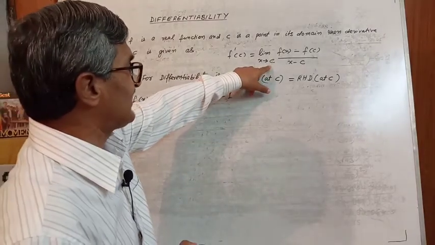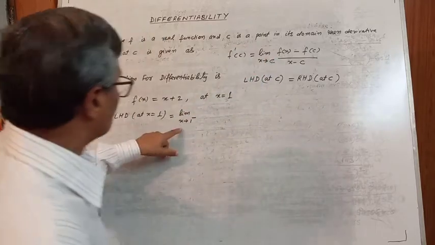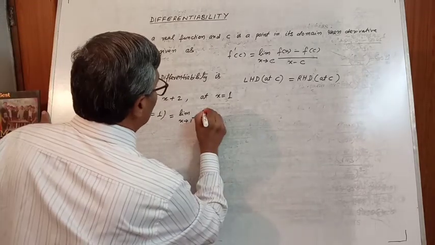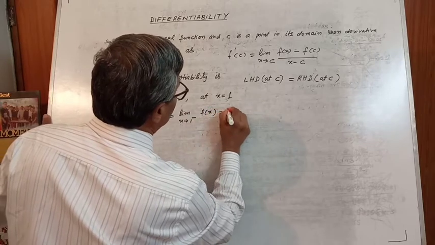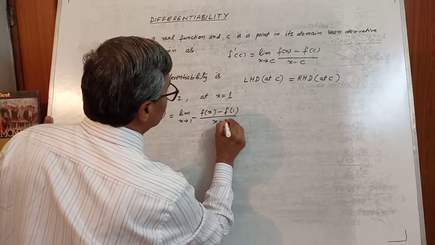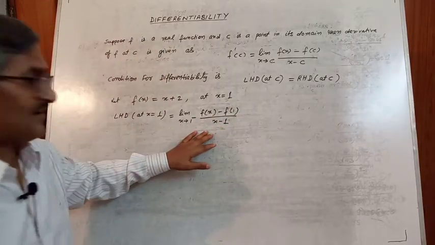Here if it is left hand derivative then c minus and right hand derivative c plus. At 1 we are going to take, so 1 minus, of f(x) minus f(1) upon x minus 1. This limit we are going to find out.